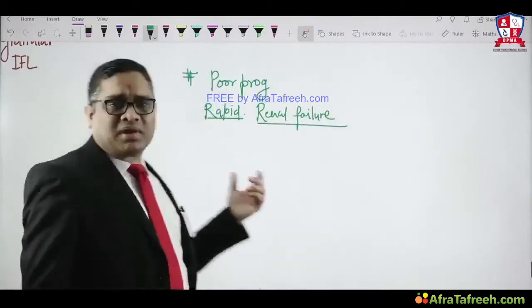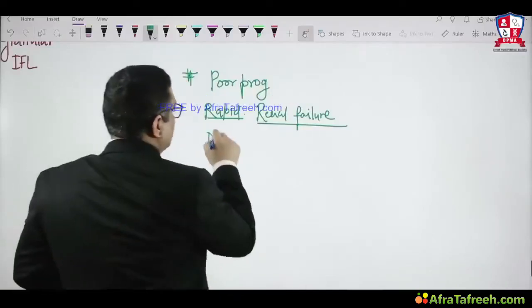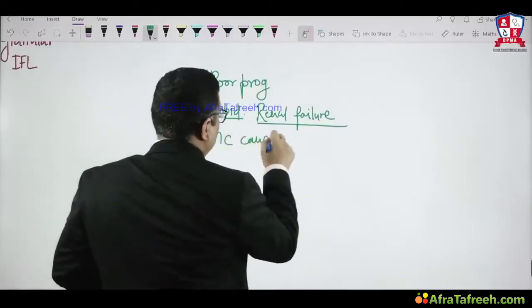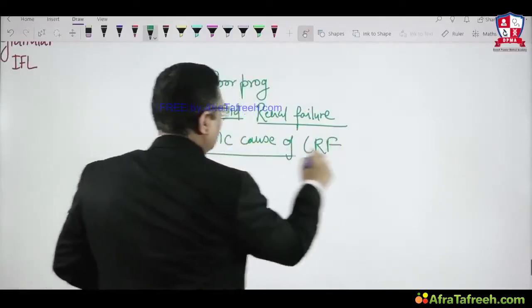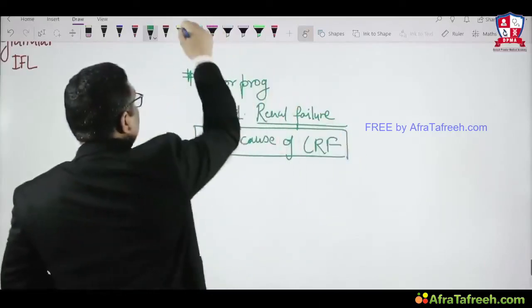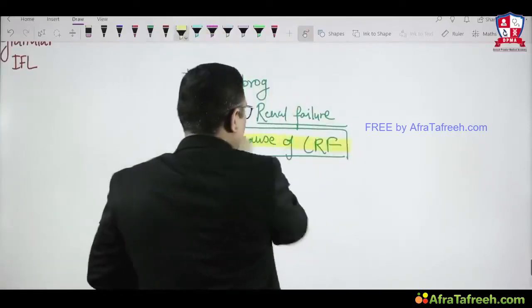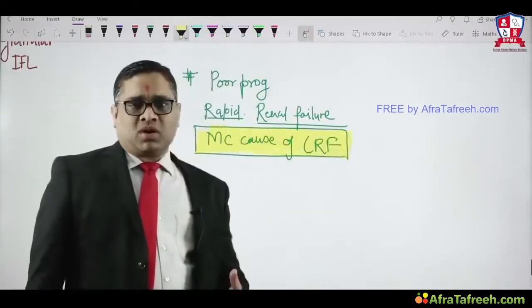Because of this rapid renal failure, you can see the name itself is telling RPGN, right? So RPGN is the most common cause of CRF also, most common cause of chronic renal failure also, which I have said. Least common cause of chronic renal failure was PSGN, but most common cause of chronic renal failure will be RPGN, right?